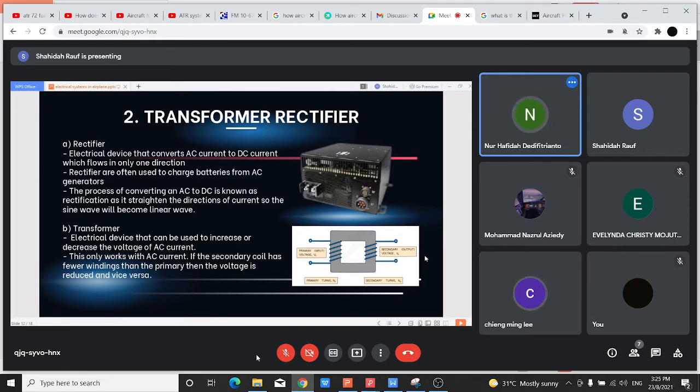Alright, sir. Thank you, sir. That's why when you go inside the aircraft, you can watch movies, you can listen, you see all the lighting there. It's all from the generator or APU.